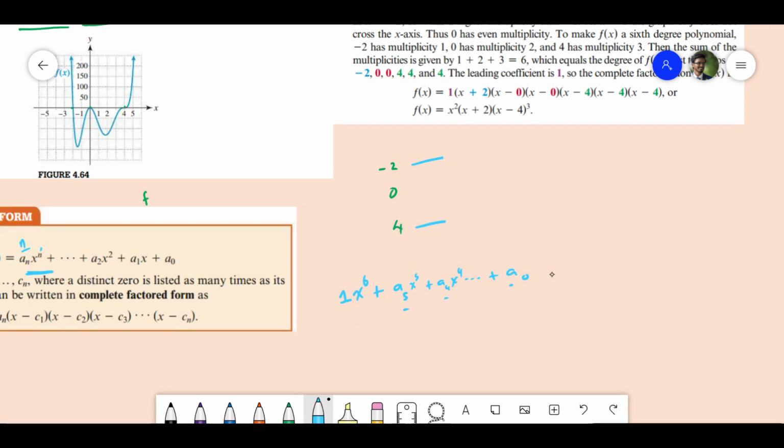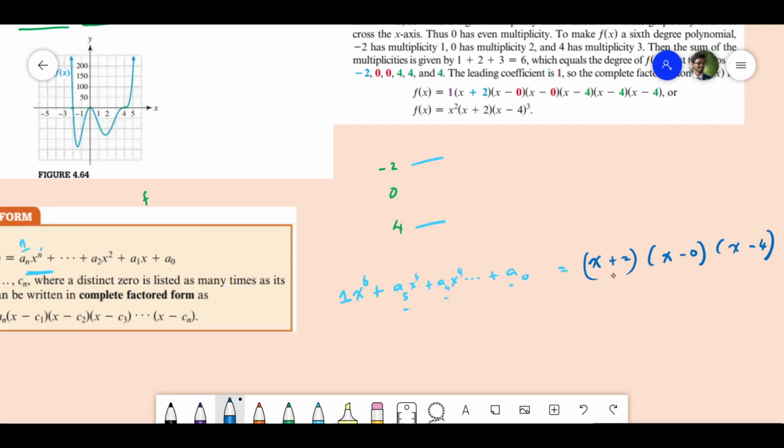Okay, so we have the polynomial, and since these are the only roots that it has, we should be able to write it as (x minus (-2)), which is (x plus 2), (x minus 0), (x minus 4).